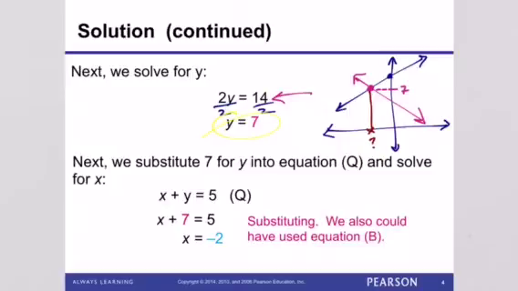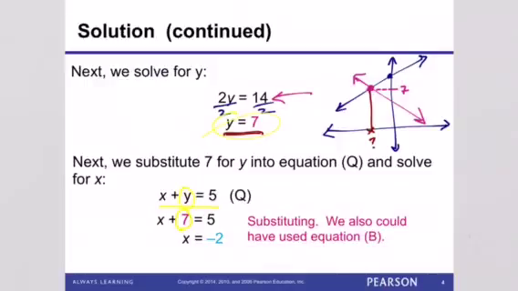So we substitute, because we know that y equals 7 from right here, we substitute 7 into equation Q. Remember that was one of our original equations. Now it doesn't matter which equation you substitute into. Either one will work. So pick the easiest one. So here I have x plus y equals 5. That was the original equation for Q. And then I put the 7 in because I know now that y equals 7.